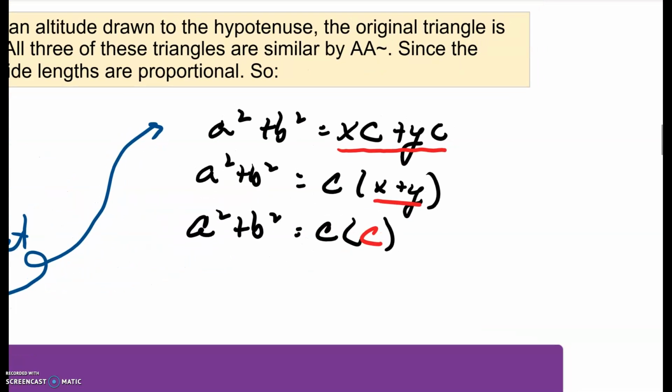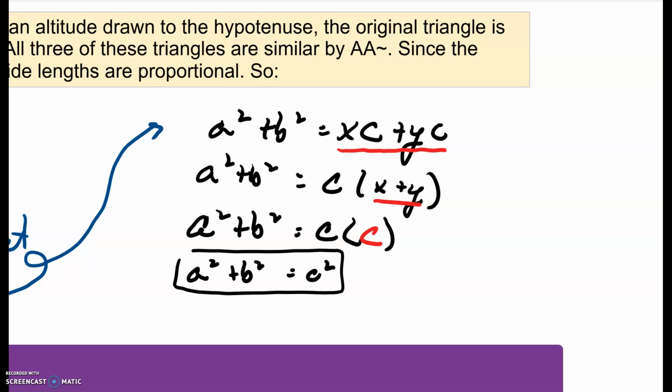Now when we come back down here, we have the Pythagorean theorem, a squared plus b squared is equal to c times c, which is c squared. So we've just proven the Pythagorean theorem using similar triangles.